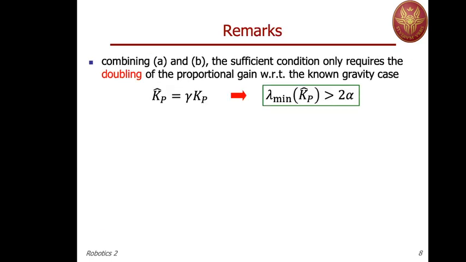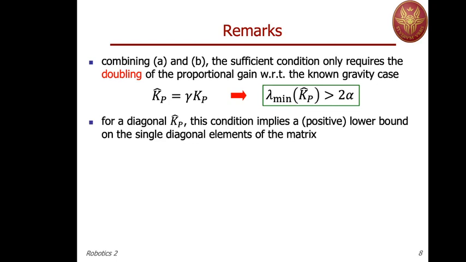Now, if you combine the gamma factor and the gain Kp, knowing that the diagonal gain Kp should have the minimum value on the diagonal larger than alpha, and gamma should be larger or equal than 2, you can redefine a new proportional gain matrix Kp hat, and the two conditions require only that we double the minimum value of Kp hat with respect to the case of knowledge of the gravity term.